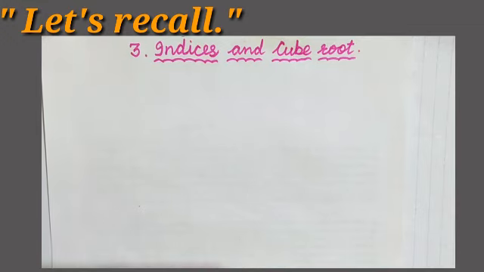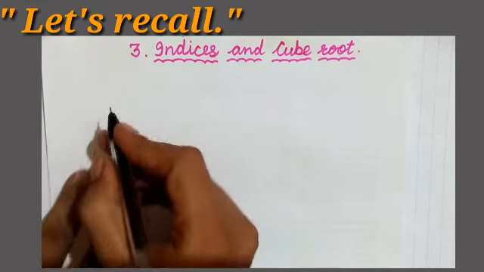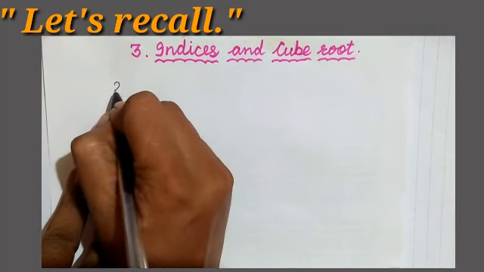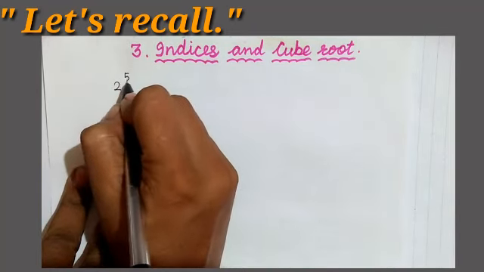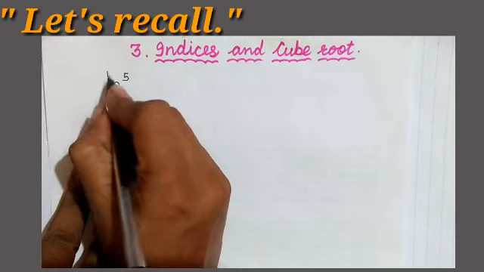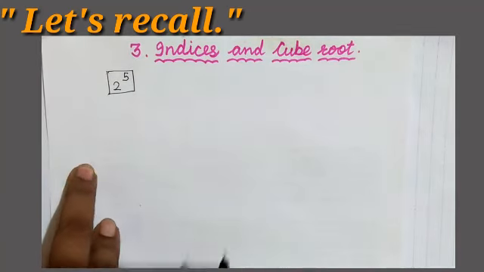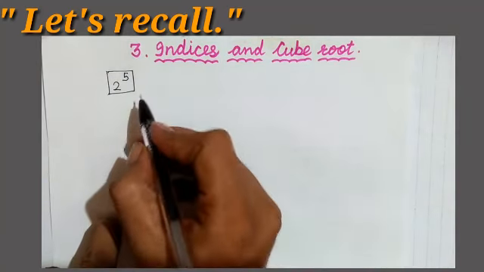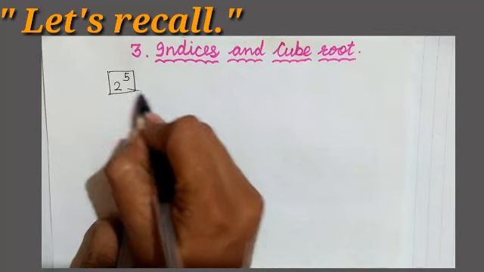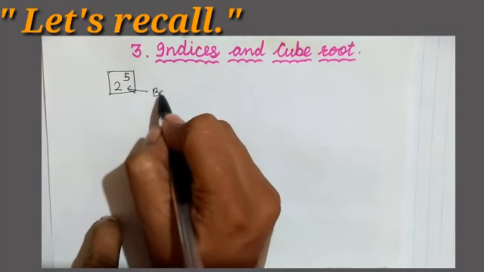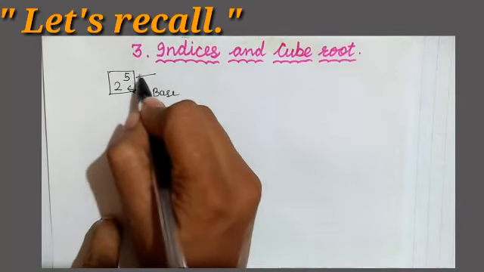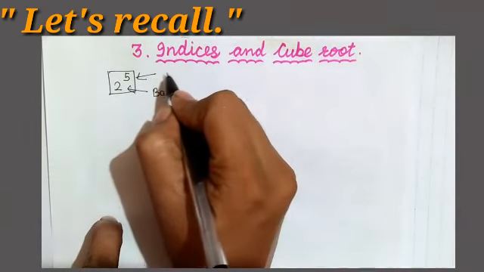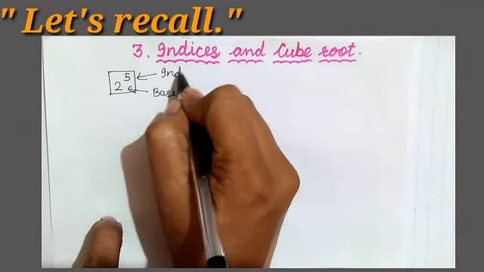Here I have taken one example, that is 2 raised to 5. This is one of the examples of indices. As we know, 2 is called the base and this 5 is called the index.